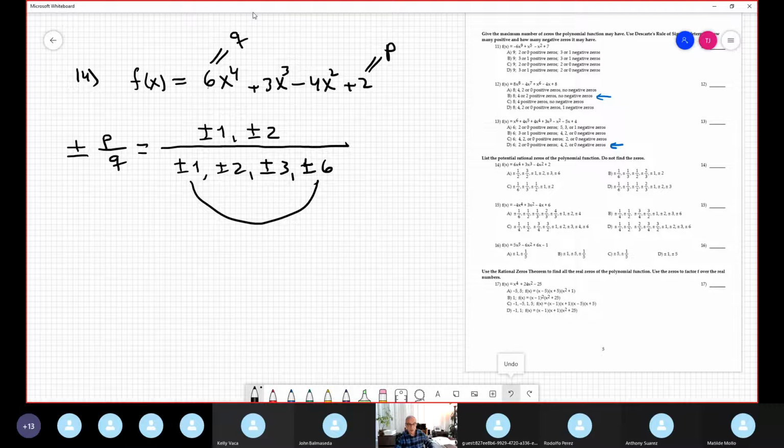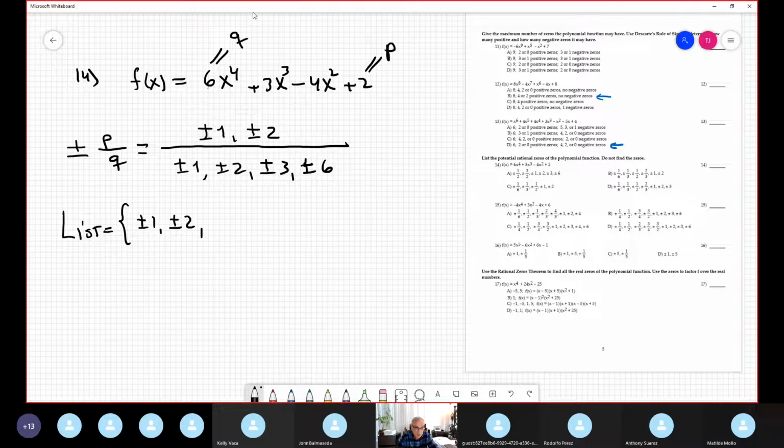Okay, now the combinations. You summarize in one list. The list of the potential rational zero is, well, 1 divided by 1 is 1, plus or minus 1, plus or minus 2. So I'm using 2 in the top and the first in the bottom. Now it's plus or minus 1/2. And 2 divided by 2 is 1, but I have it here. I don't need to repeat.